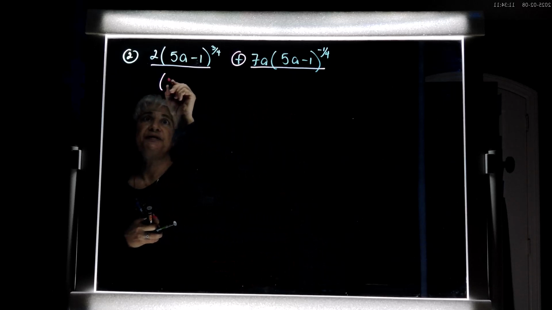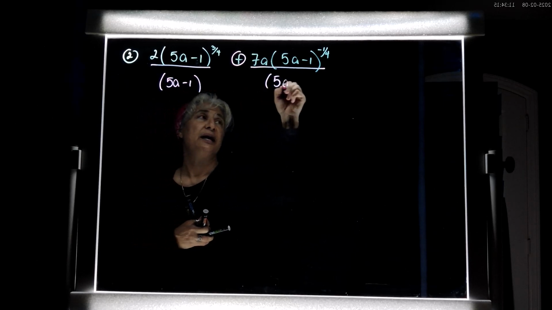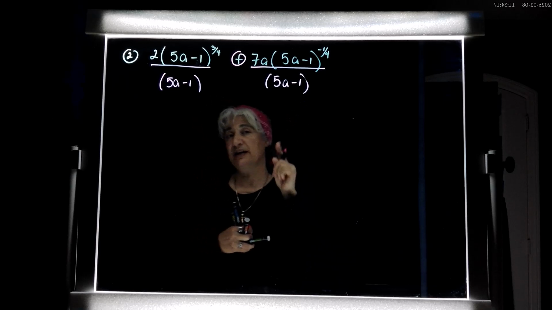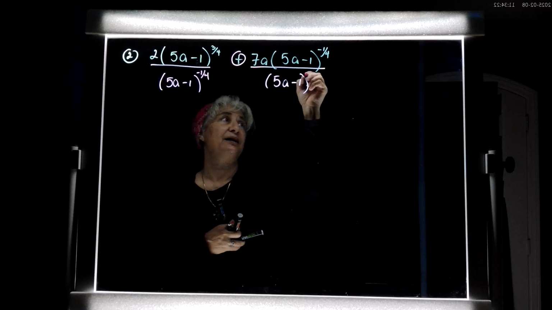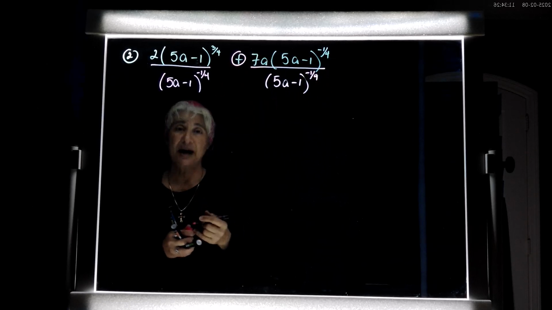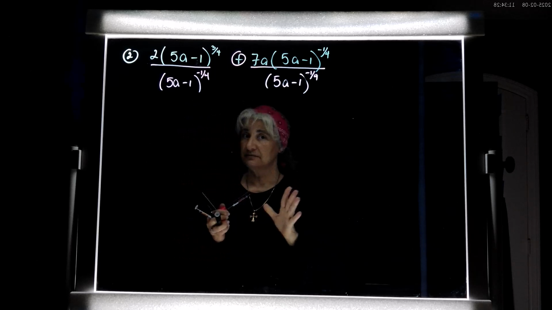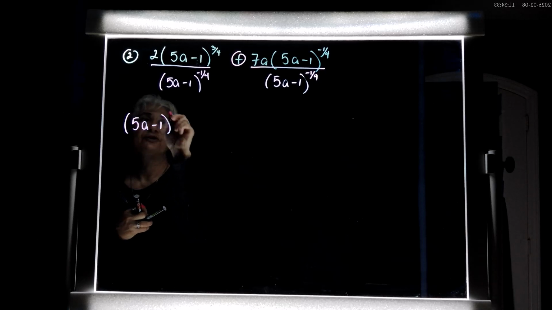You said the parentheses of 5a minus 1. I agree. And what power did you decide to divide out? To the negative 1/4, because that's the smaller of the 2 powers. Loving it. So let me write down what we have factored out.